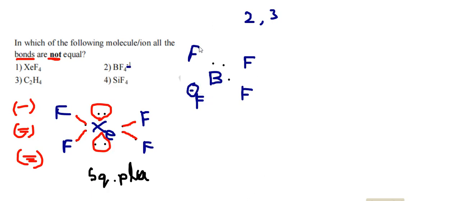The valency of fluorine is 1, so I will be drawing like this. Here there is a bond. The fluorine cannot bond here, so it is going to give a bond. This is the coordinate bond that is going to be formed in this situation.